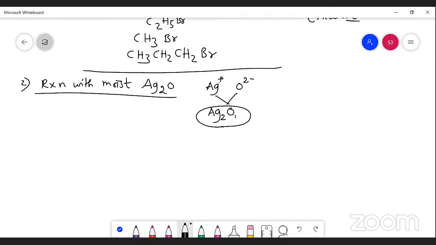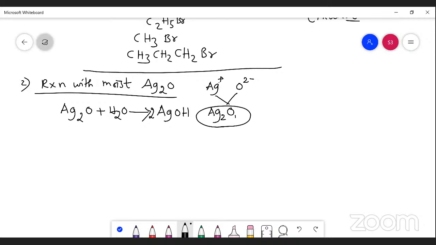So for the reaction with moist silver oxide, first of all, in the moist condition we should write the equation. Silver oxide reacts with water. When silver oxide reacts with water, it takes a proton and gives silver hydroxide, AgOH. In order to balance, I'll put 2 here.